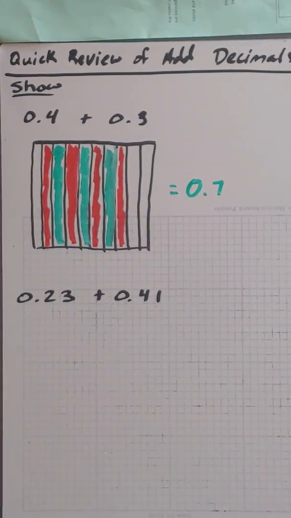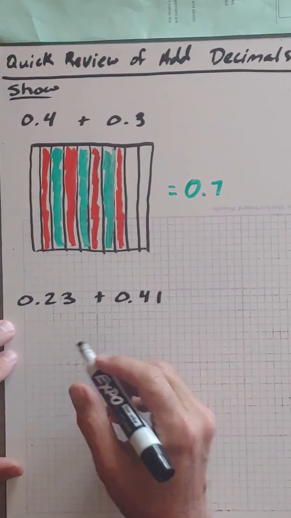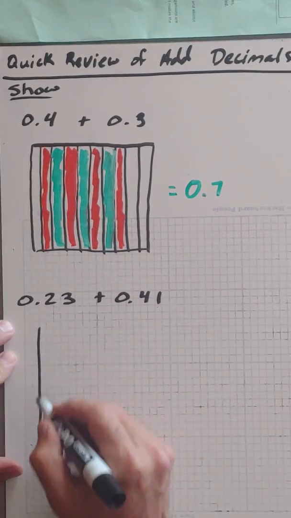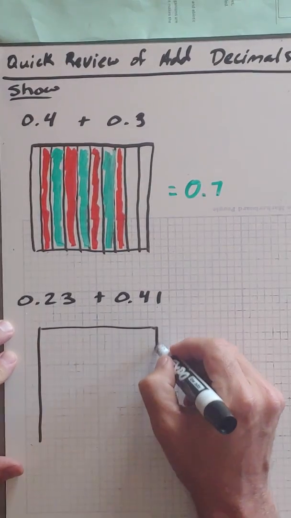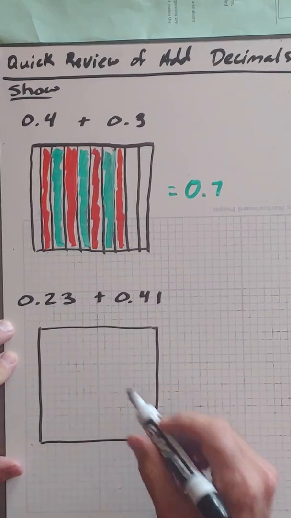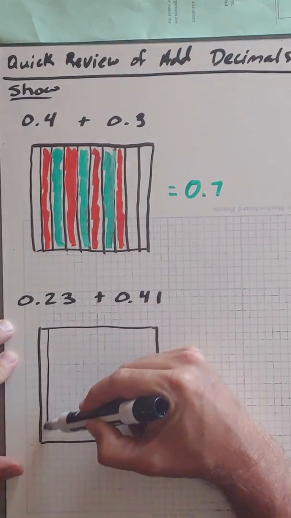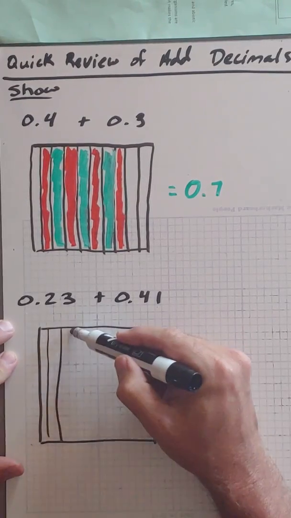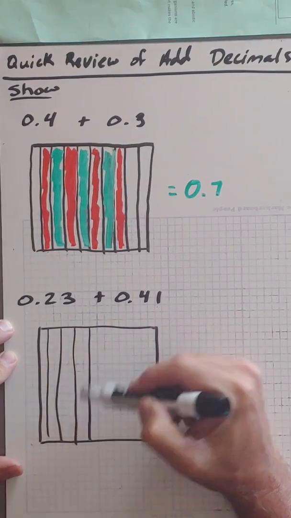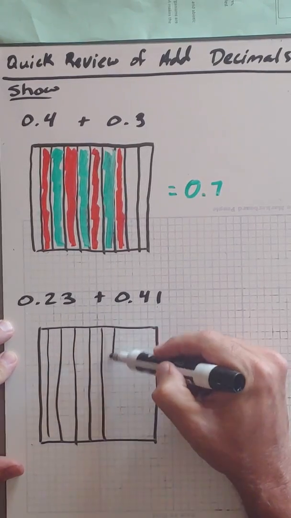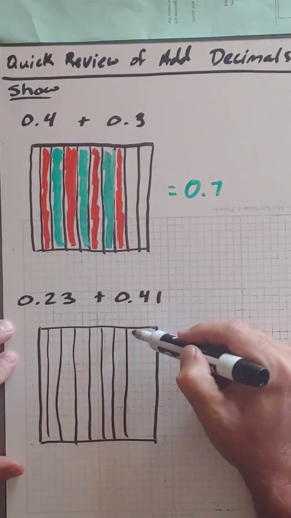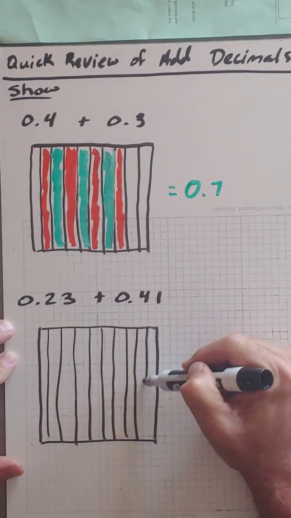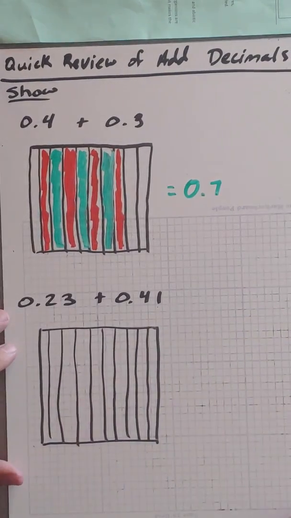And the one below it, you see that I have a little bit different problem here. So we'll see how we do this one. So on this one, again, I'm going to start with drawing my rectangle, just like I did before. 1, 2, 3, 4, 5, 6, 7, 8, 9, 10. Okay, there we go.